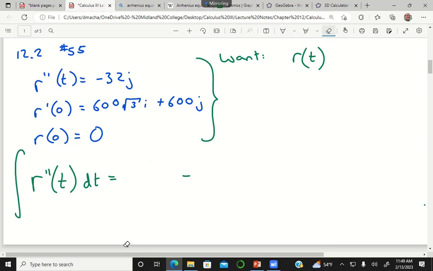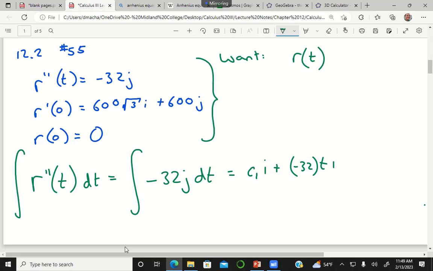So, taking the antiderivative of minus 32j, of course that is a constant, so I just have to add a little t to it, and so this is going to be some constant, we'll call it c1, times i plus, well, negative 32t plus c2 times j plus some constant times k.